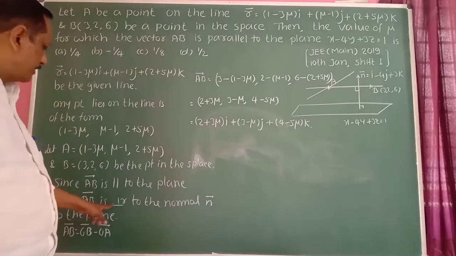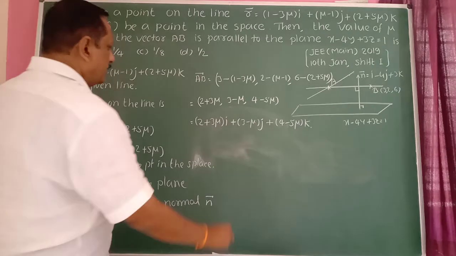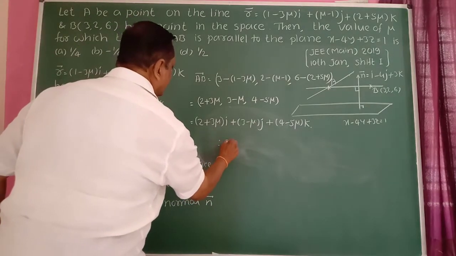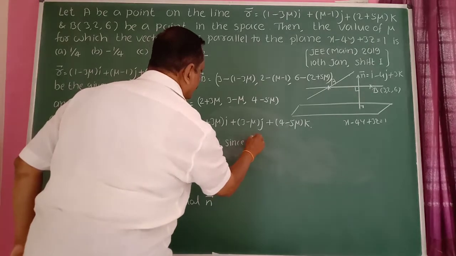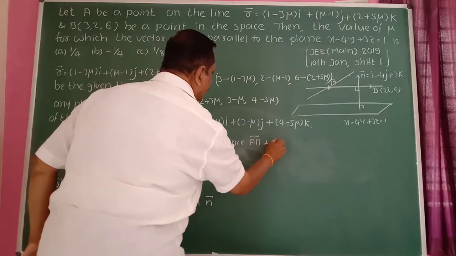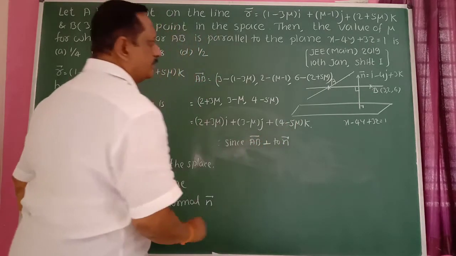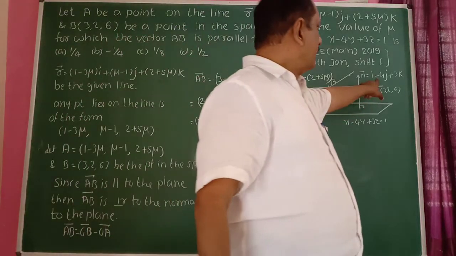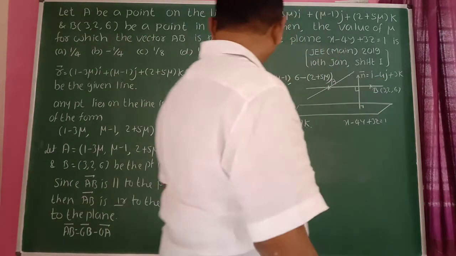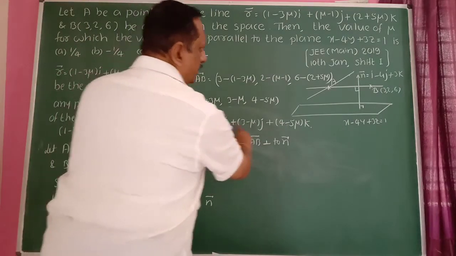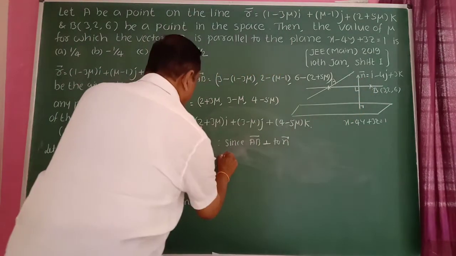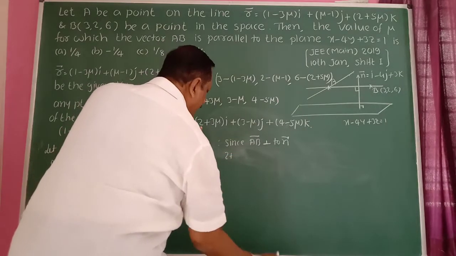Then AB is perpendicular to the normal. Since AB is perpendicular to the vector n bar, n bar is i - 4j + 3k and vector AB is this one, the dot product must be 0.